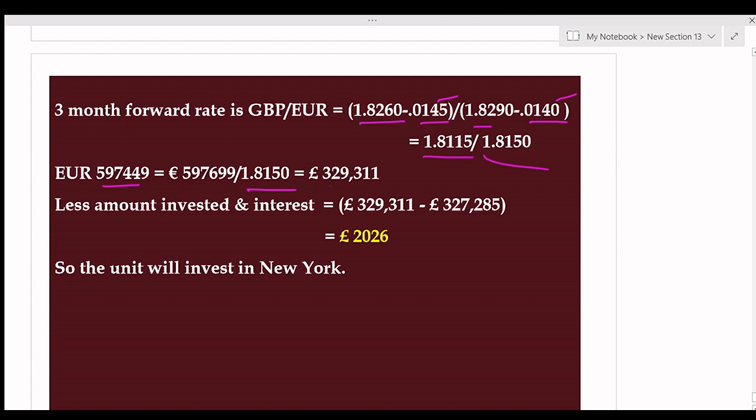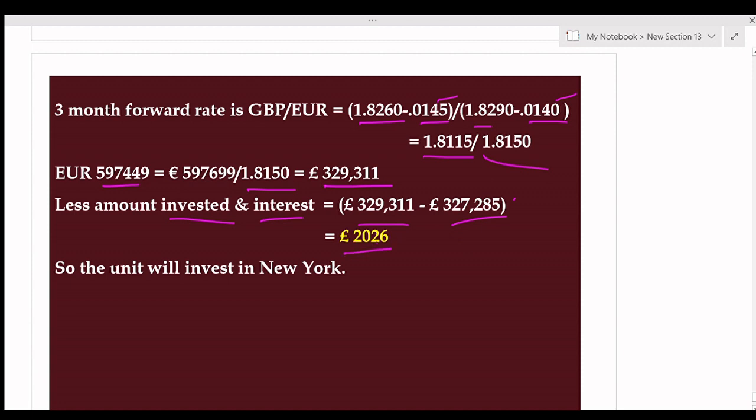That is equal to pound 3,29,311, less amount invested in interest, that is 3,29,311 minus 3,27,285, the cost of the fund for 3 months, is equal to 2,026 pounds.